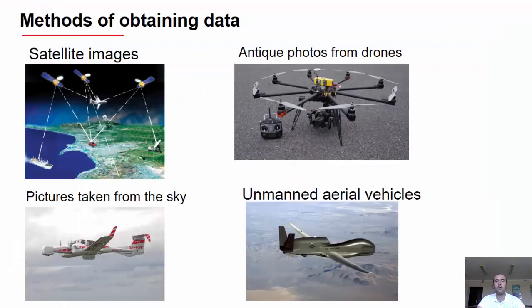Methods of obtaining data. There are different kinds of methods in order to get new data. For example, we can get lots of images from satellites, and antique photos from drones and unmanned aerial vehicles, pictures taken from the sky.